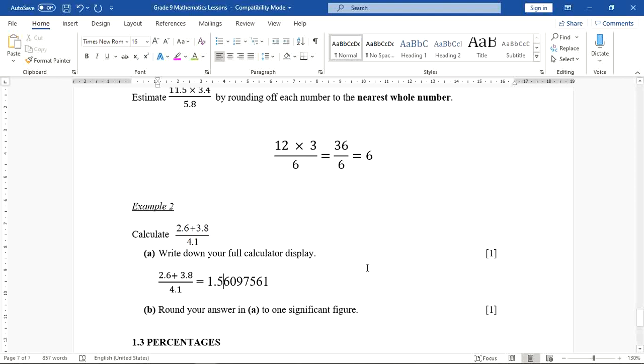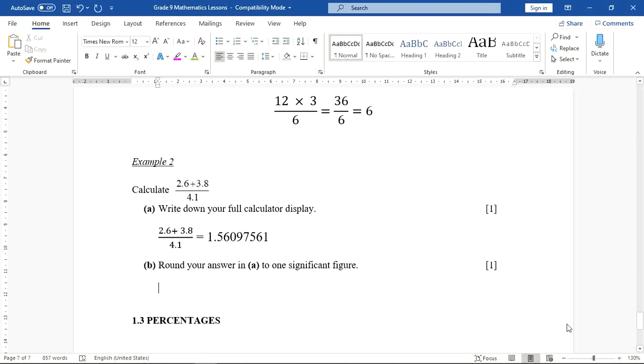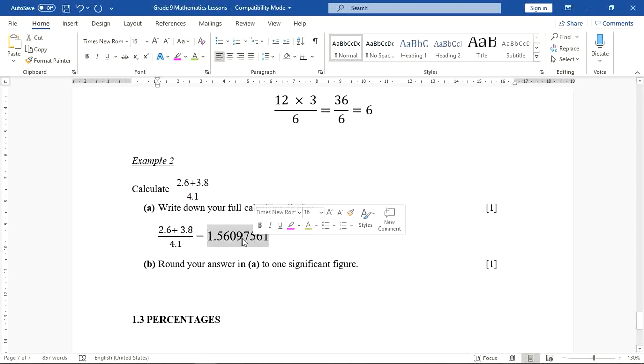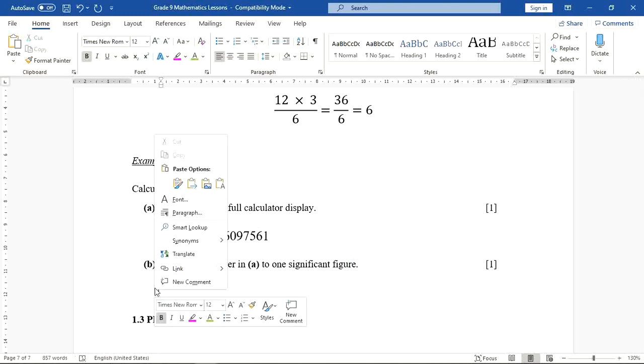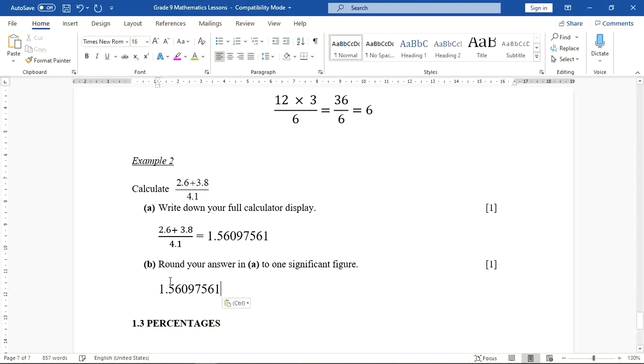And part B says, round your answer in part A to one significant figure. Wow. Round off your answer in A just to one significant figure. So let me copy this and bring it here. If you can remember very well, we count significant figures from left to right.